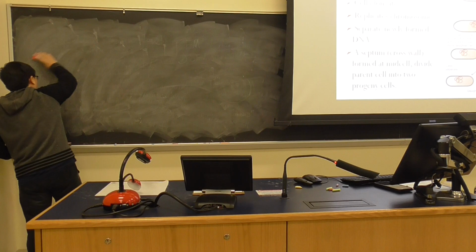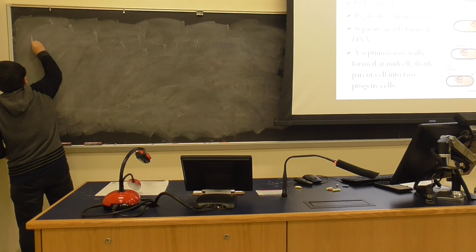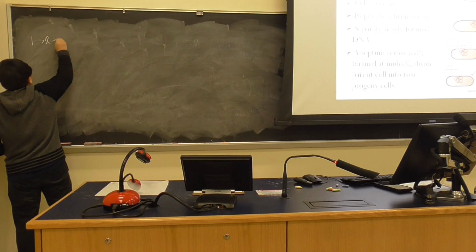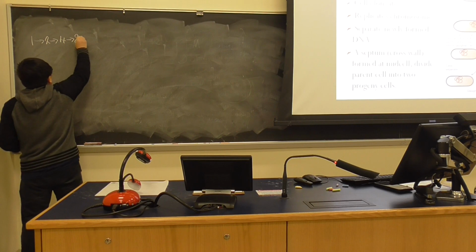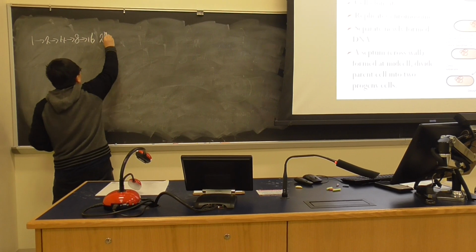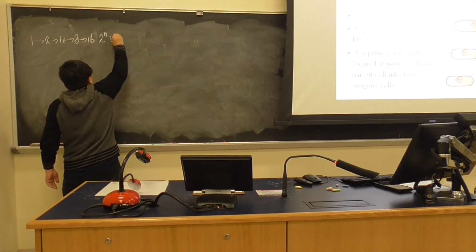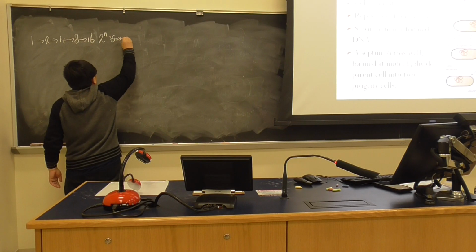That's called binary fission. Basically, 1 becomes 2, 2 becomes 4, 4 becomes 8, 8 becomes 16, 2 to the power of n. That is called binary fission.